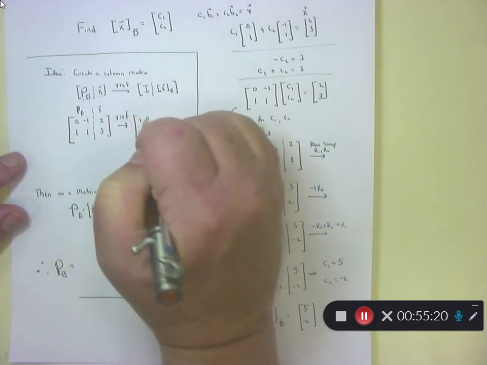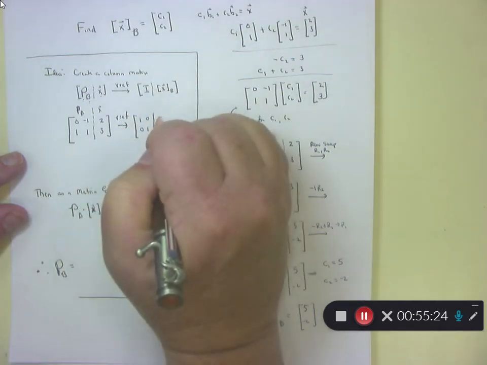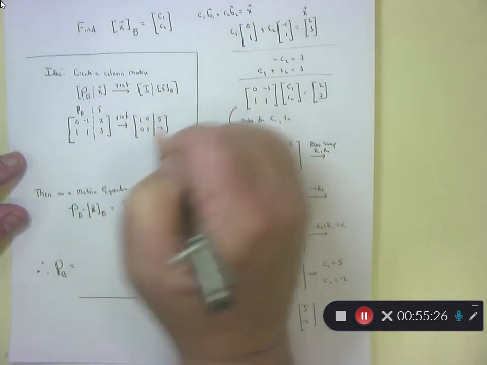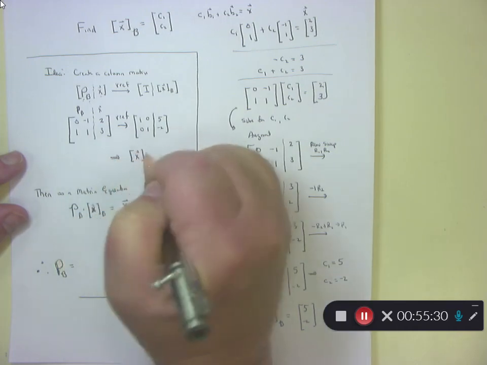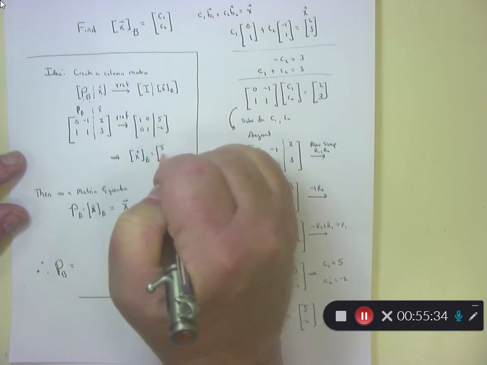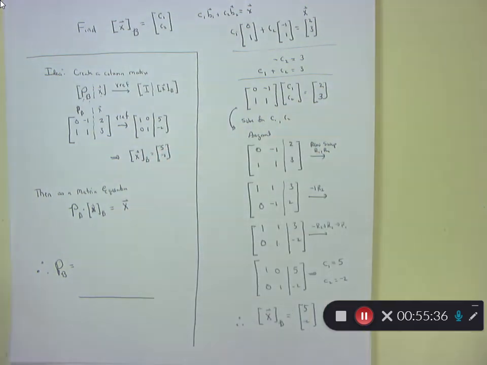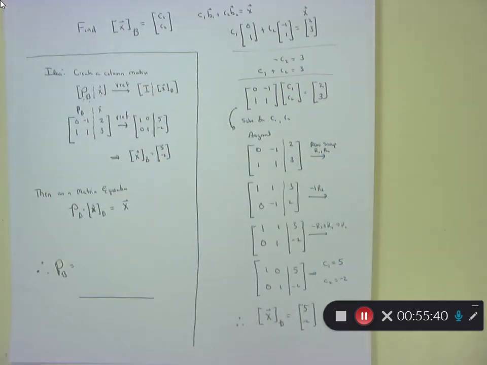I end up getting 1, 0, 0, 1, and then I got this number over here. I got, what, 5, negative 2, which told me that the X vector relative to B is the coefficient of 5, negative 2. This is the algorithm which I did. Does that make sense?